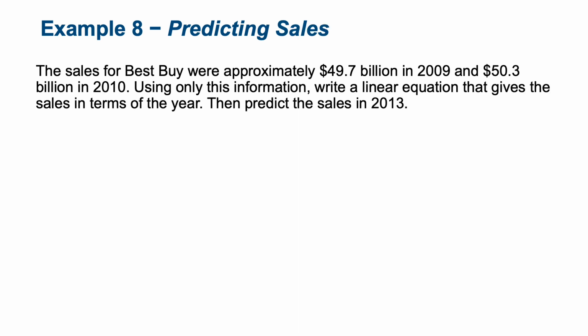Okay, predicting sales. The sales for Best Buy were approximately $49.7 billion in 2009 and $50.3 billion in 2010. Using only this information, write a linear equation that gives the sales in terms of the year. Then let's predict the sales in 2013.